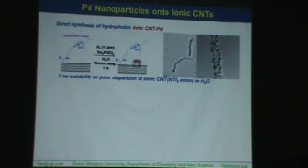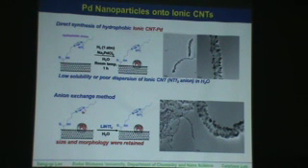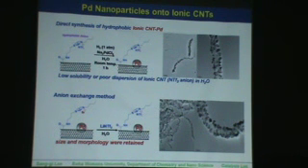So to get these hydrophobic CNT-supported particles, we simply exchange the bromide with triflimide. In this case, without any change of the size and morphologies, only the anion was changed.